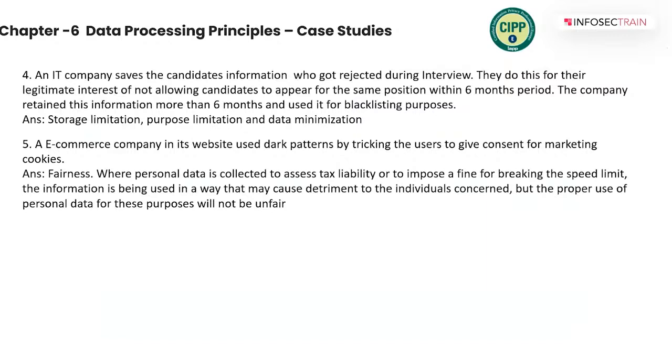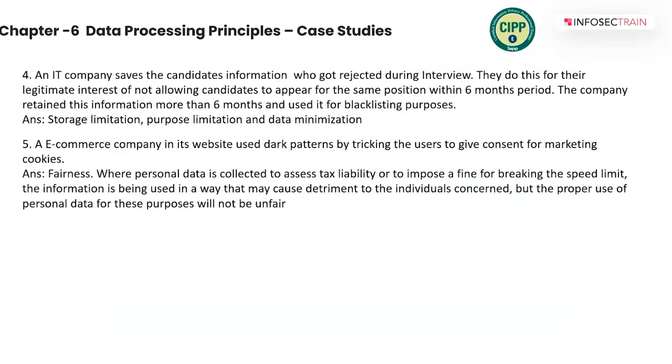For example, a bank collects your tax liability, right, and it shares that information to the income tax department. But this particular processing can have a negative impact because you might be getting a tax liability from the tax authorities, right? Or for example, you are getting a speed challan when you are traveling on a motorbike, right?